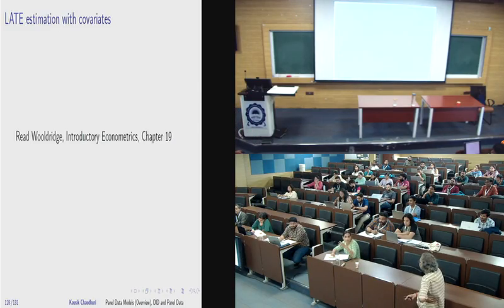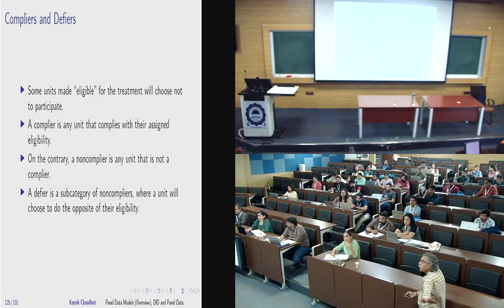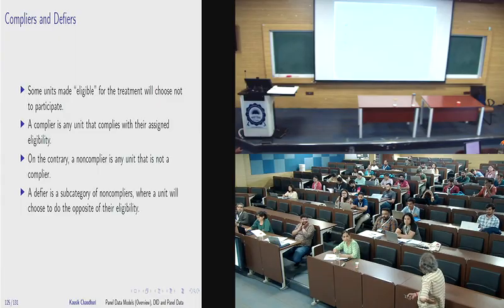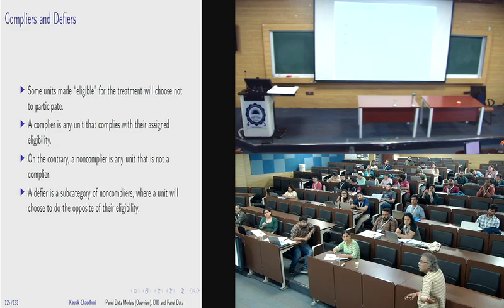Can you explain compliance? Sure. Yeah. So basically, I am trying to think of, there could be units who voluntarily decided not to participate in the program, even if they are eligible to participate. Right? And there could be units who have participated in the program, given the fact they are eligible to participate. So a complier is the unit that complies with their assigned eligibility.